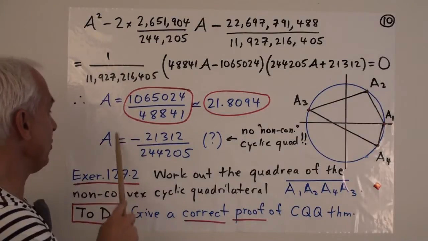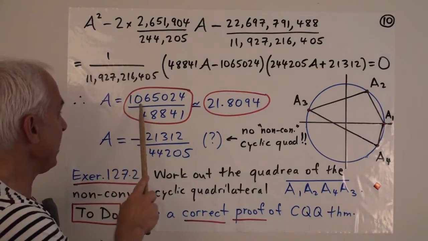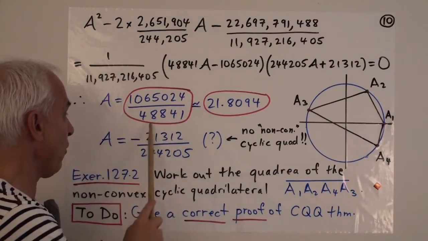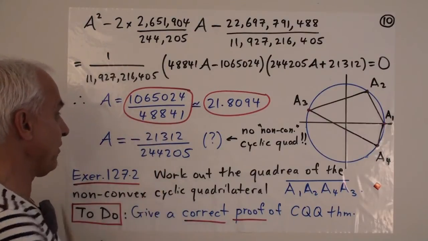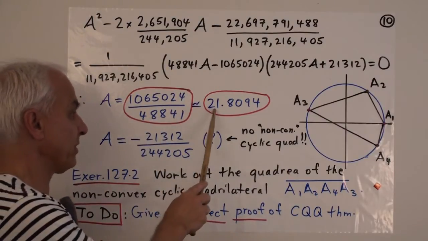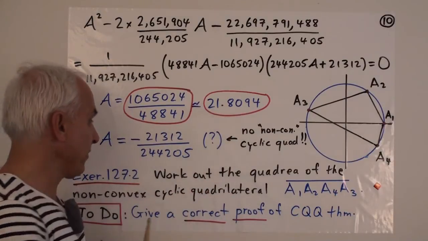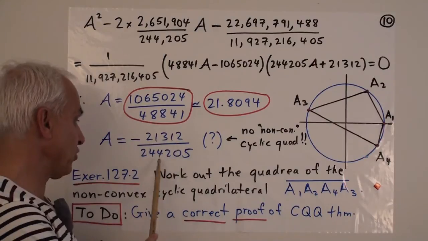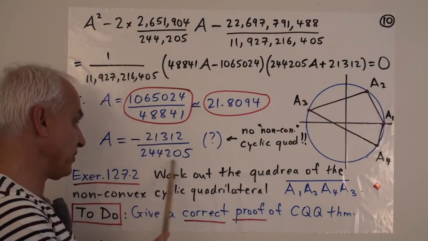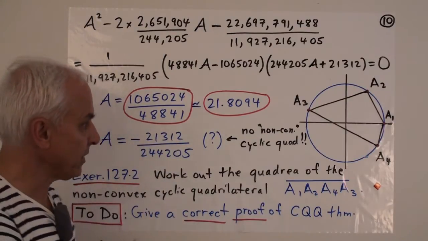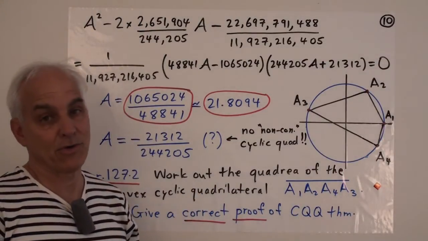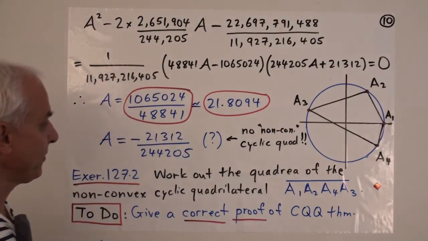And then we get 2 solutions. One of them is 1,065,024 over 48,841, which is approximately 21.8094. And then the other one is minus 21,312 over 244,205. These are the 2 solutions to this quadratic equation that the cyclic quadrilateral quadrea theorem gives us.